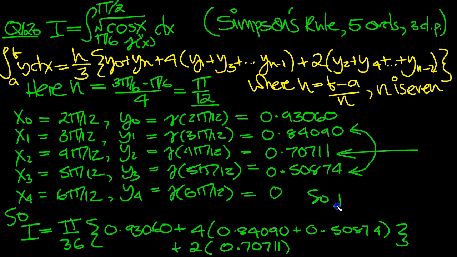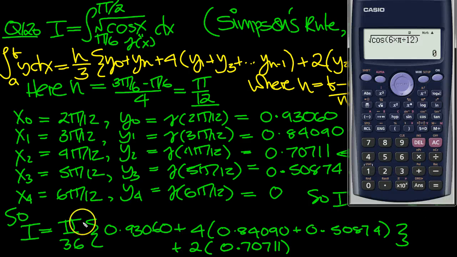Now we can work out the answer, which we'll tap in the calculator and we'll work it out to 3 decimal places. Let's do that then. Pi over 36. So it's pi divided by 36 times bracket 0.93060 plus 4 times bracket 0.84090 plus 0.50874.